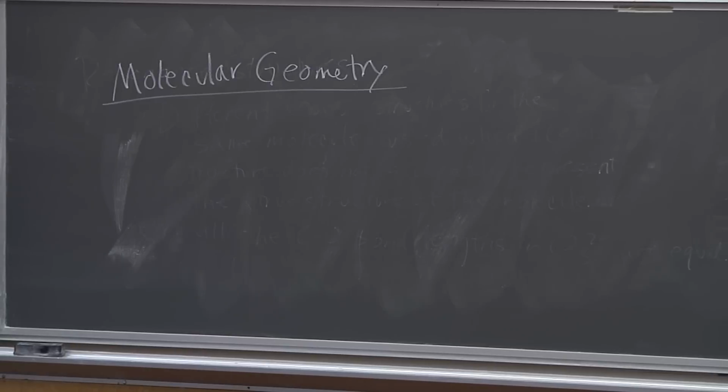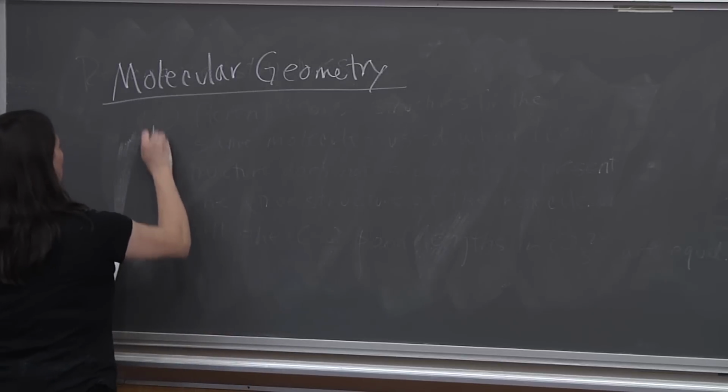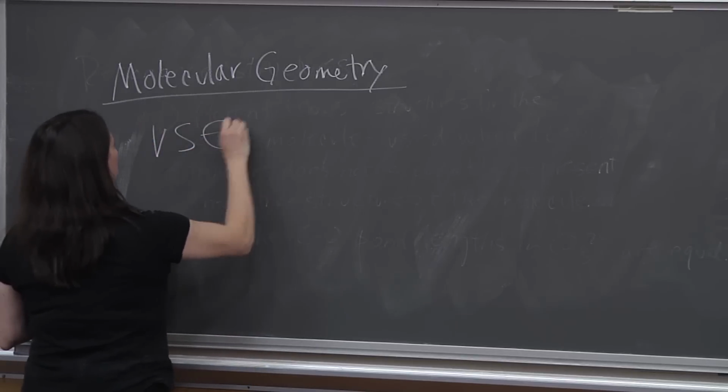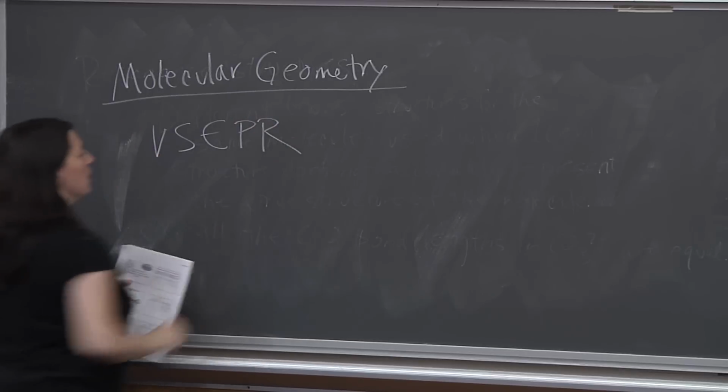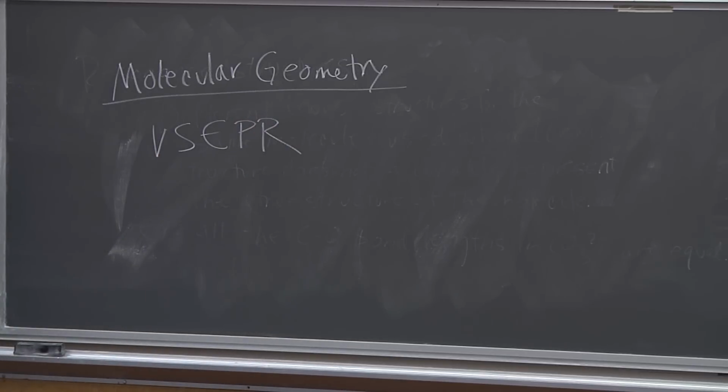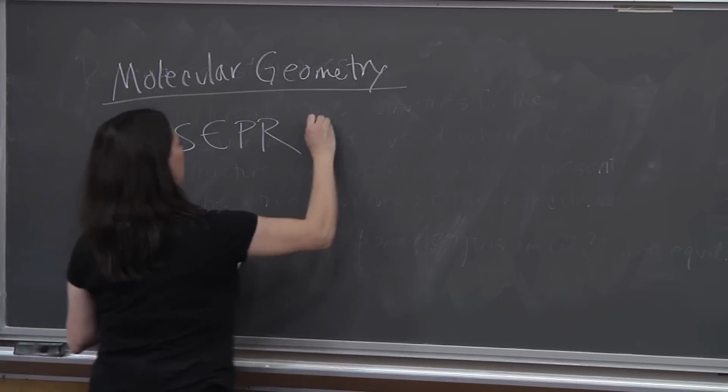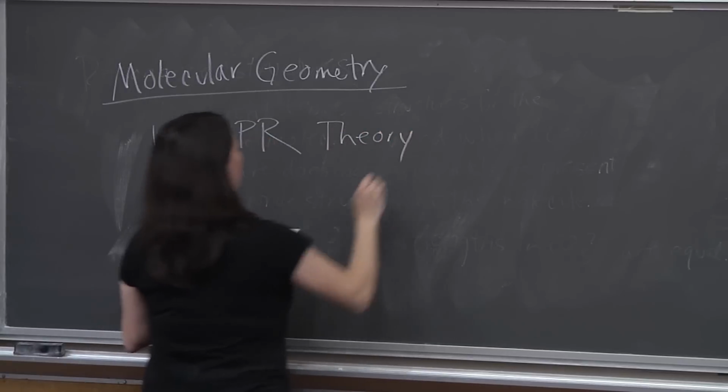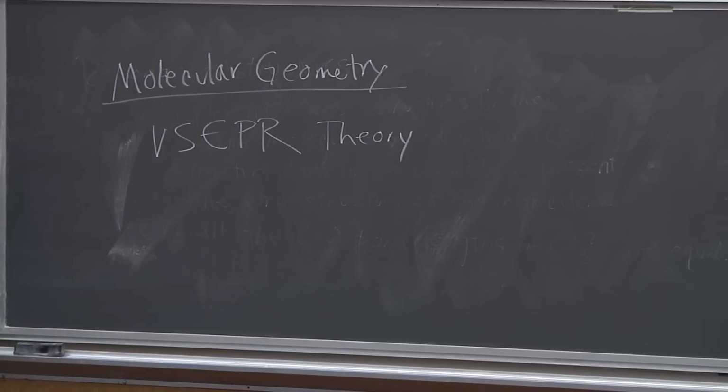Okay, so molecular geometry. One of the things that you can do with a Lewis structure is analyze it, which is what we're going to talk about now, to figure out what three-dimensional shape the molecule will actually have. So the theory that's used has the acronym VSEPR. It's often pronounced VSEPR theory.